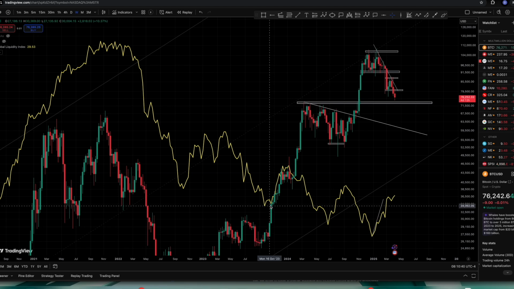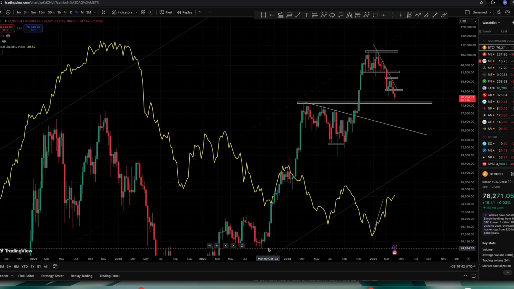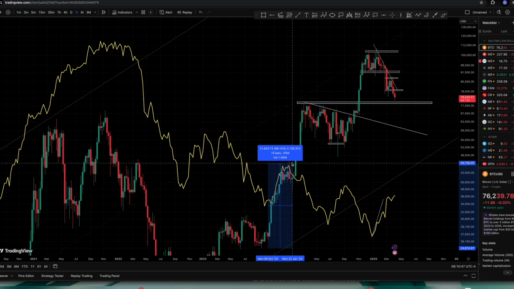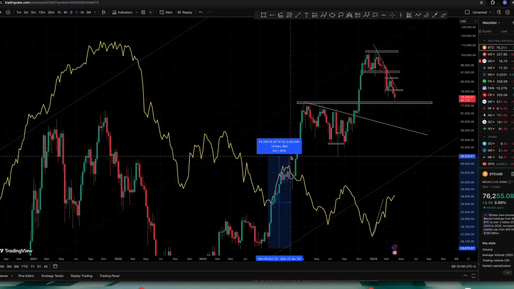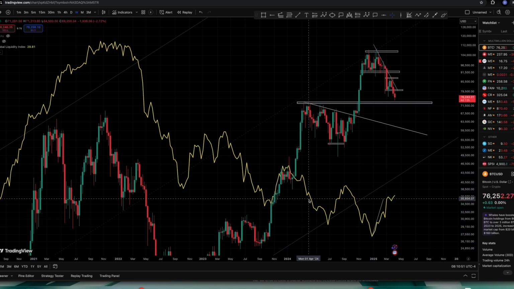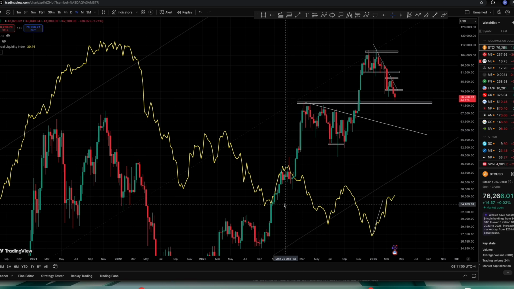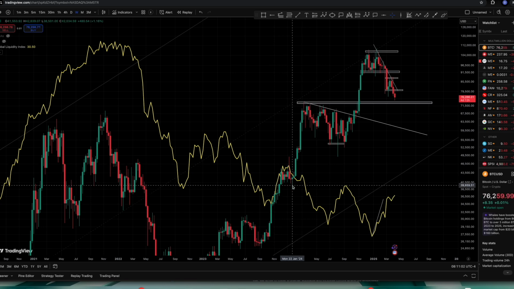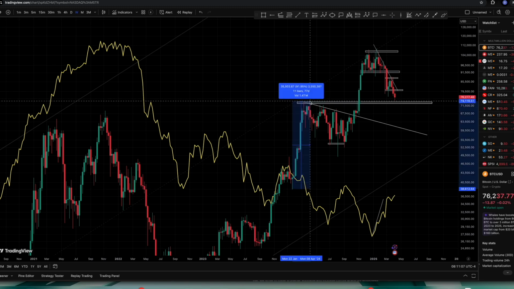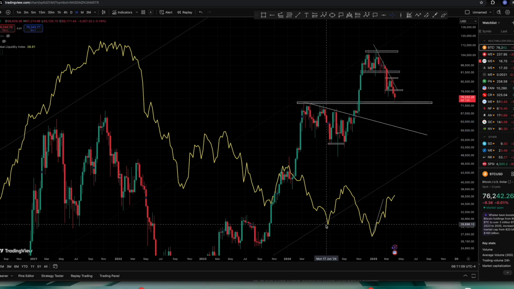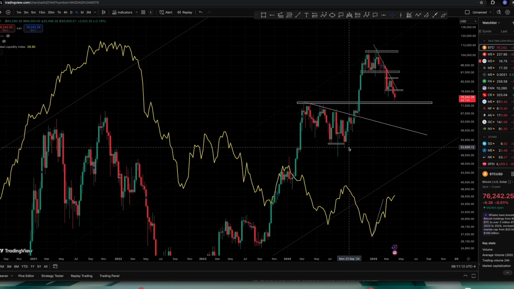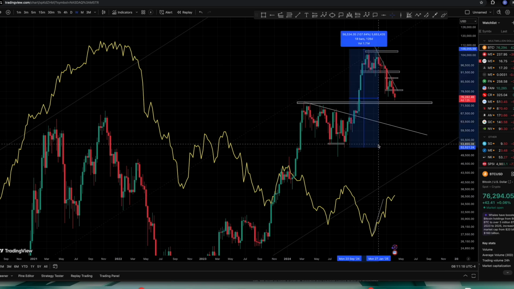And when you look at this leg here, it was this move here, which was up to this wick. Ooh, so it was almost 100%, 97%. And then, I'm sorry, this move here was 91%. And then this leg here was this move here, which was 107%.